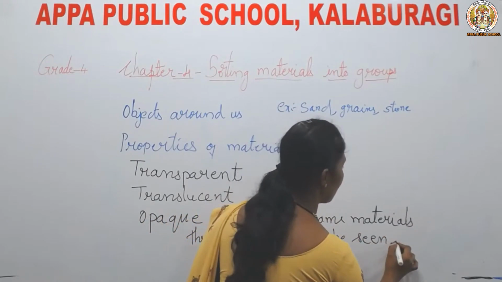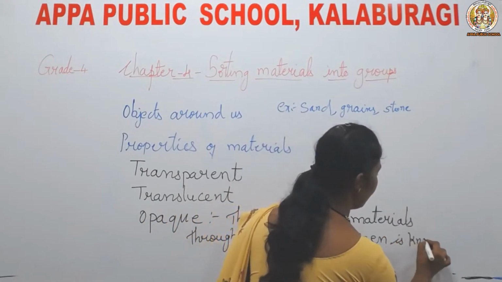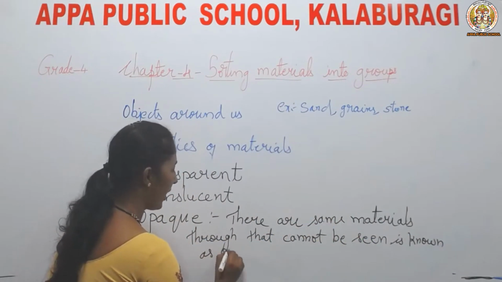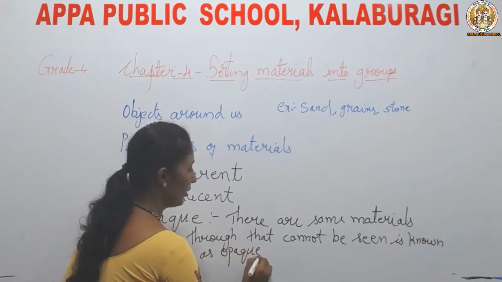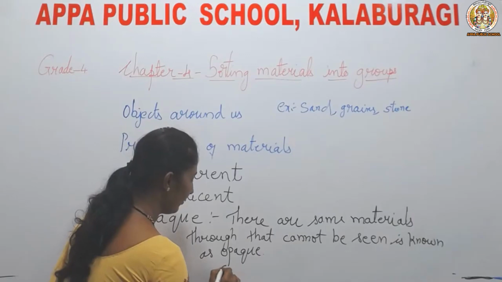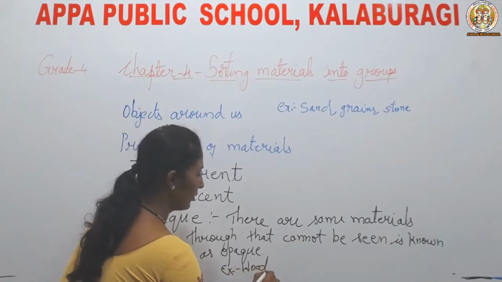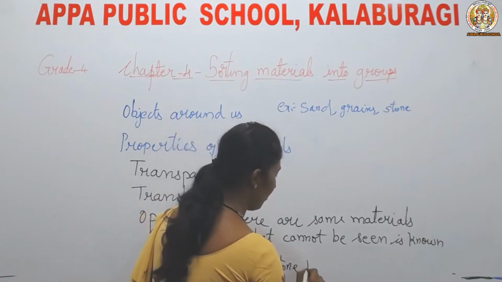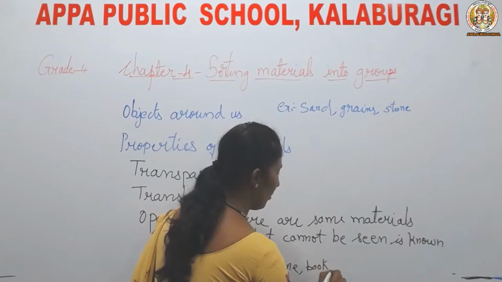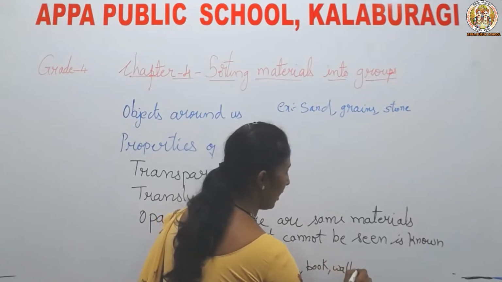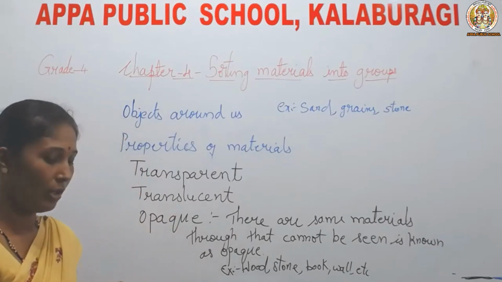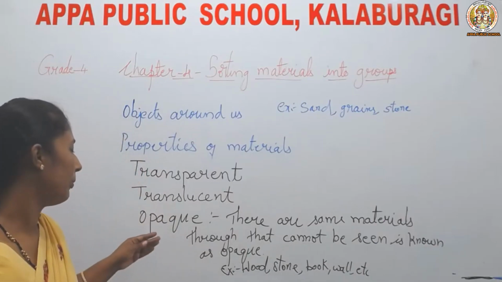So those objects are known as opaque objects. Example: wood, stone, book, wall, etc.